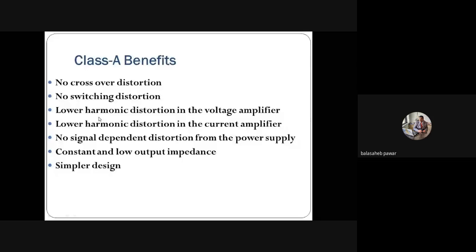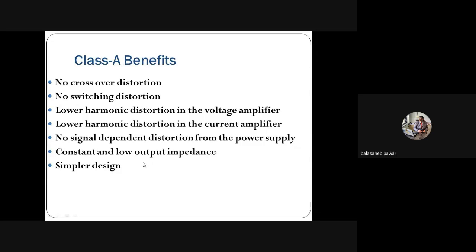Then no signal dependent distortion from the power supply, and constant and low output impedance. This is most important. Whenever we are considering powering a high load, not in terms of load resistance but in terms of current requirement, if those are high power loads, that means low resistive loads, then the output impedance of the voltage amplifier should be as low as possible.